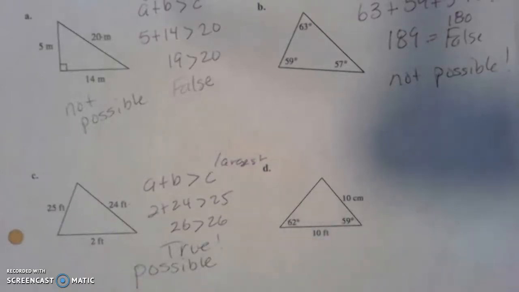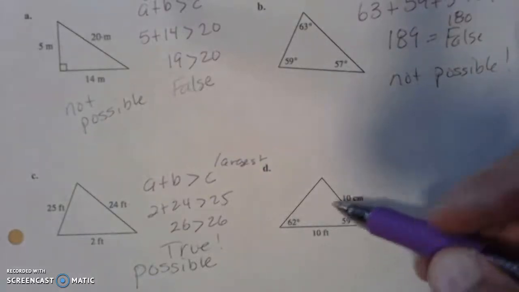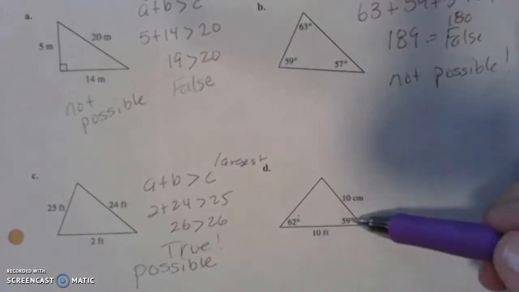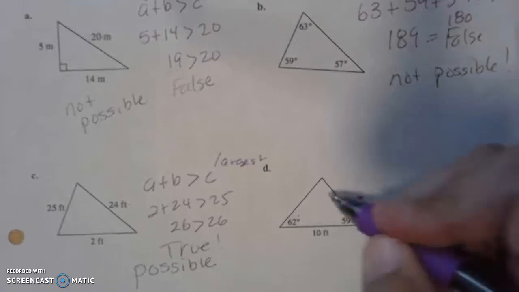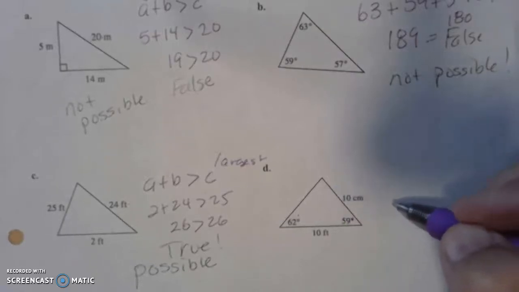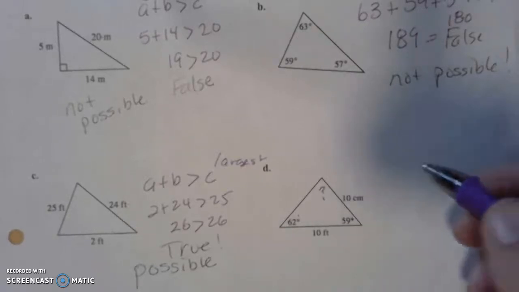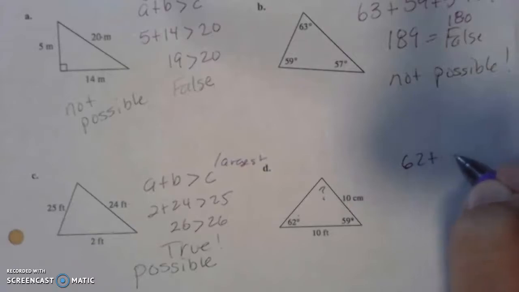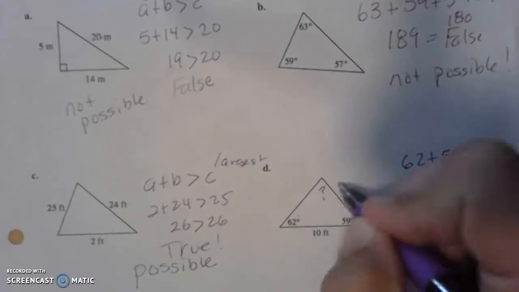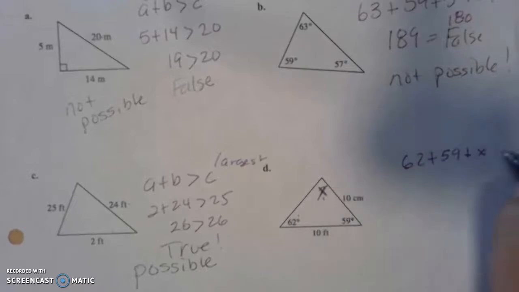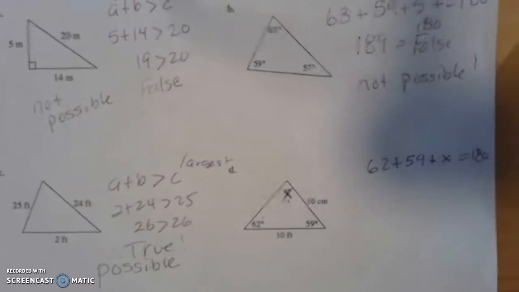Okay, and the next one. Well, let's see. 62, 59. So we can figure out what this is right here. 62 plus 59 plus our unknown, I'll call it x. I'll change this to x so it matches. That should equal 180.